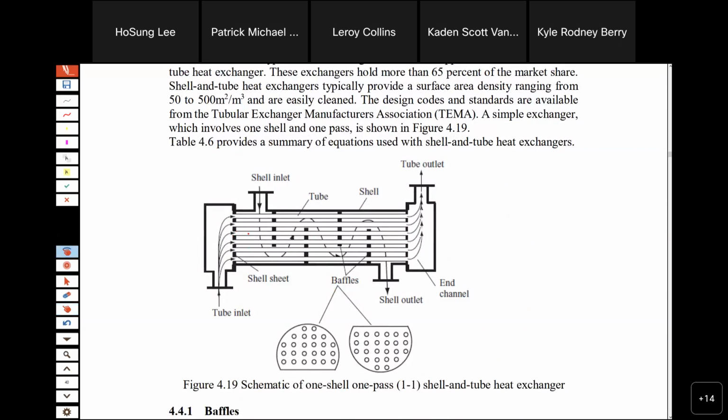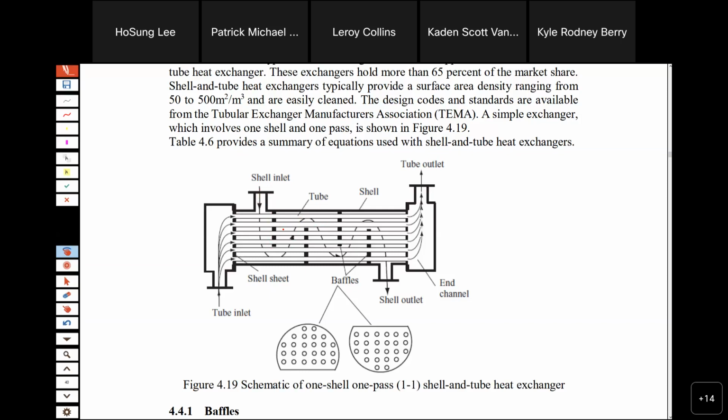We can calculate Reynolds number, Nusselt number, whatever, for each tubular flow, and then the number of tubes.